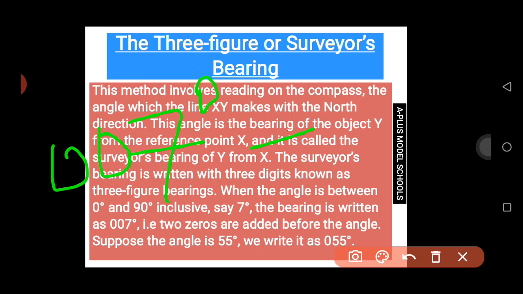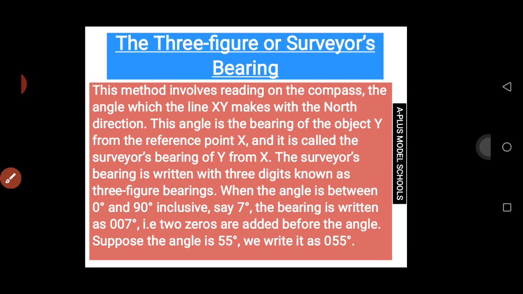And if I have 55 degrees, under 3 figure bearing, I will not write 55. I will add 0 to it to make 055 degrees. So that is what we mean by acute angle bearing, just to make it a 3-digit number.